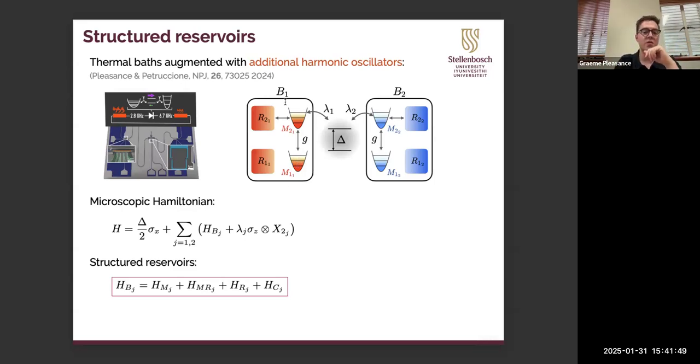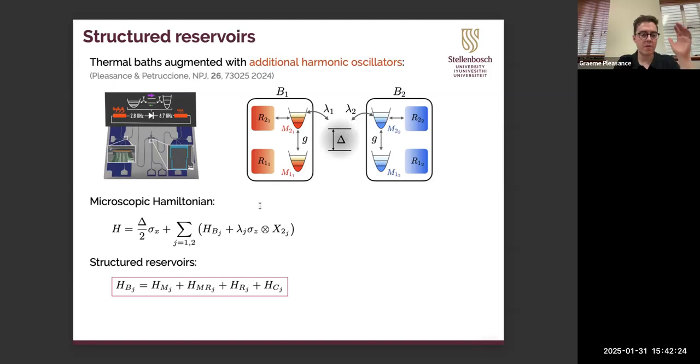These two oscillators now interact with an additional oscillator, which is itself isolated from any thermal reservoir. This aspect is quite important, and we assume there's some parameter that modulates this interaction, which is generally much smaller than the natural frequencies of these oscillators.